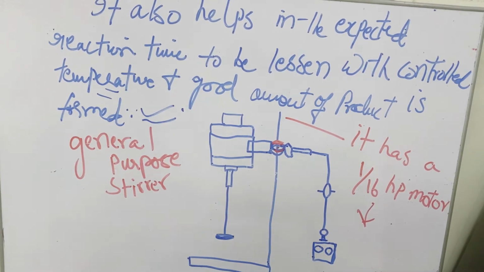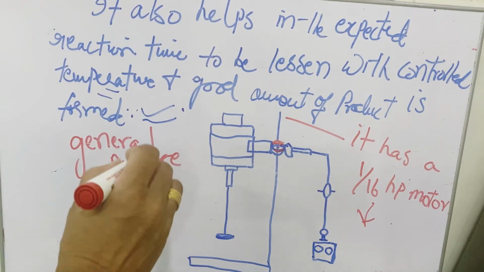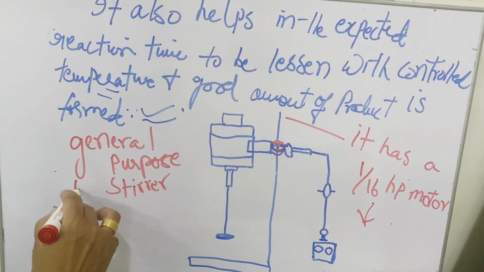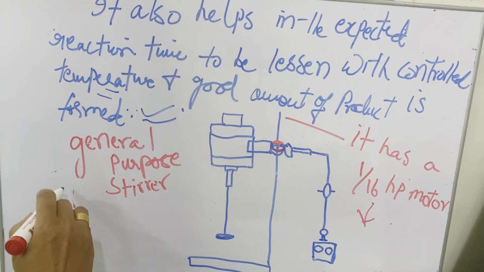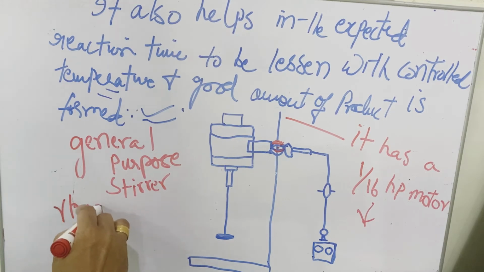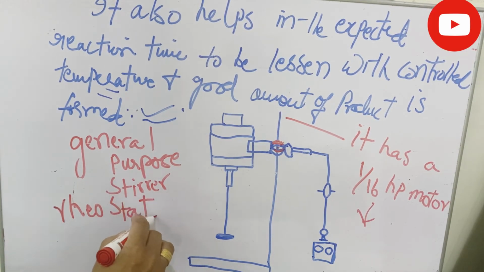Now here I would like to mention one thing: when this is happening, the speed matters also. So the speed is monitored and controlled by an instrument called a rheostat.